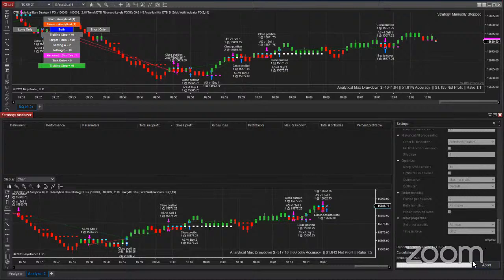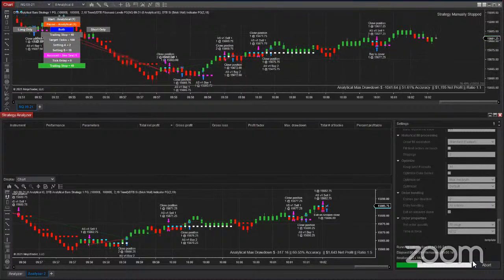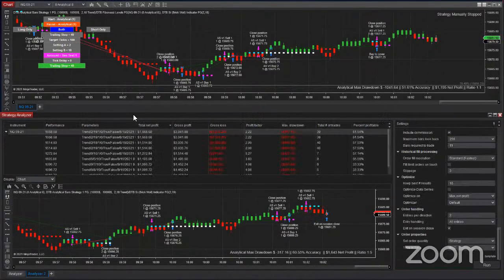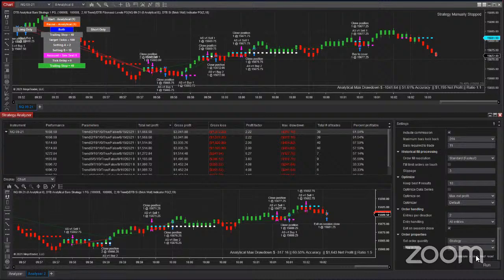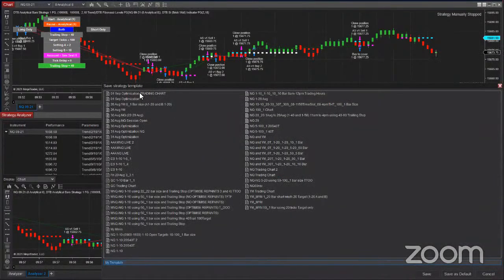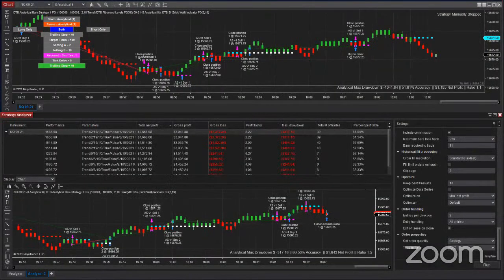All right. So this is the exact process that we all should follow, and by following this, we'll actually have exactly the same results. So running the strategy analyzer, picking the result that we want to use, going to template, save, select this chart like this, save, and yes. Okay.